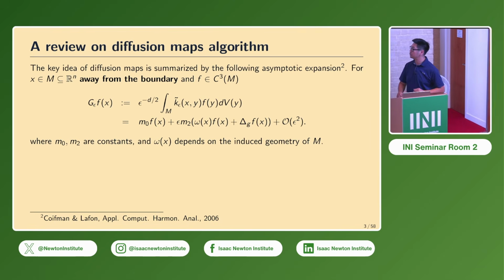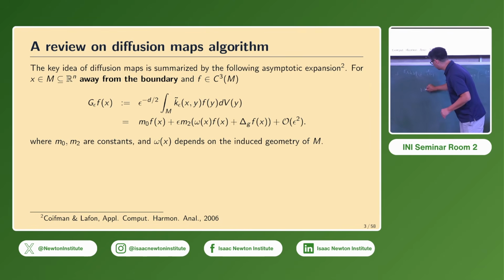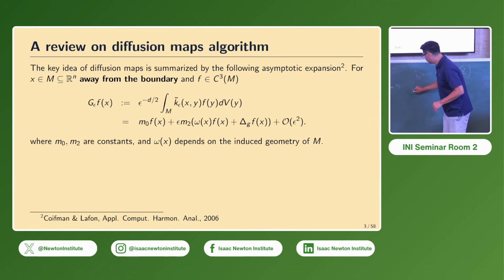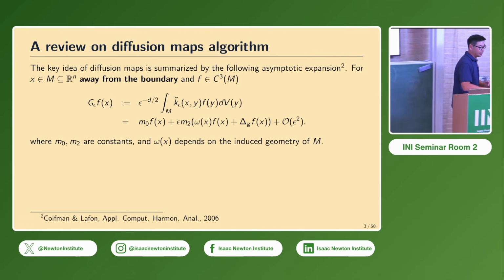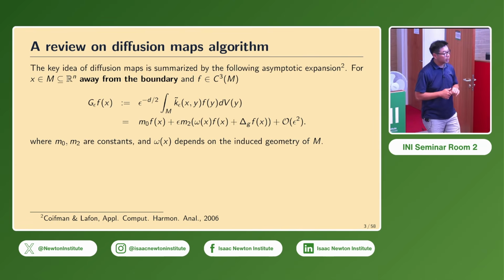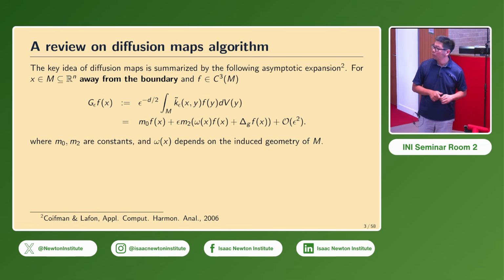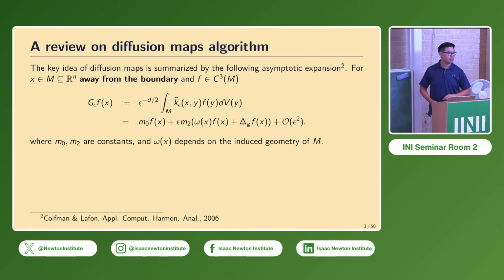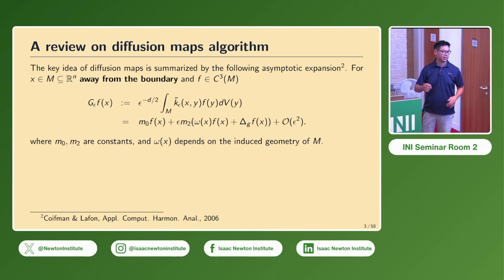Yes, d is the dimension of the manifold. Omega is the volume form of something else. It's just some quantity, some function that usually we don't care about. We want to get rid of it using the asymptotic expansion.